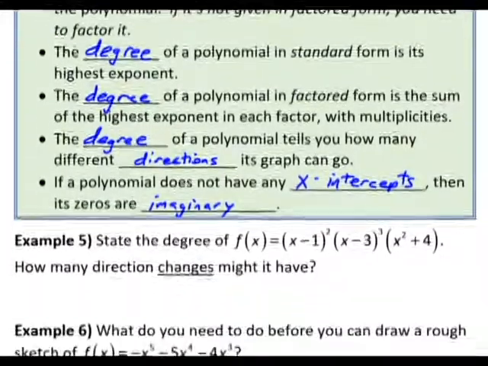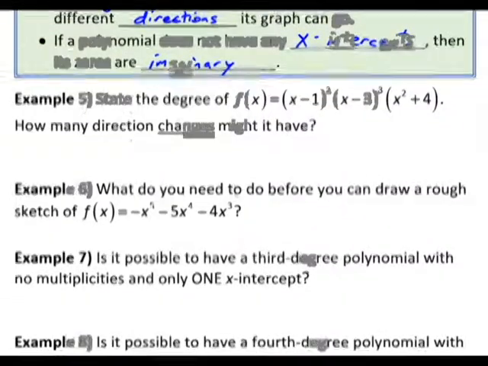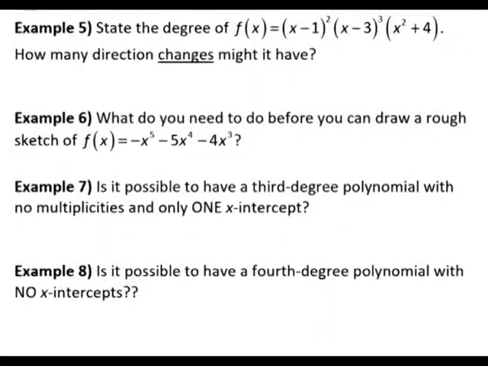Here's an example of finding the degree of a factored form polynomial. We say this is the sum of the highest exponent in each factor with multiplicities. So, in the first factor, the highest exponent is 1, but with a multiplicity of 2. 2 times 1 means this is going to contribute 2 to the degree of the polynomial.